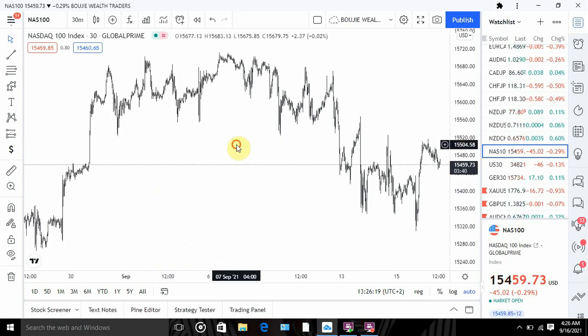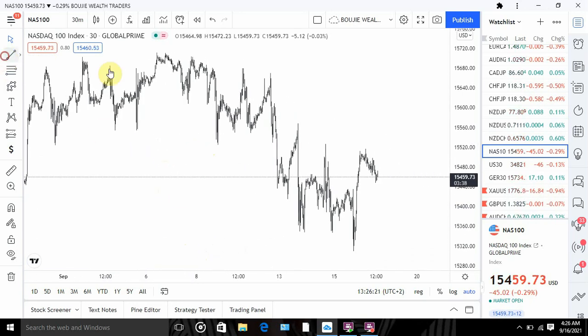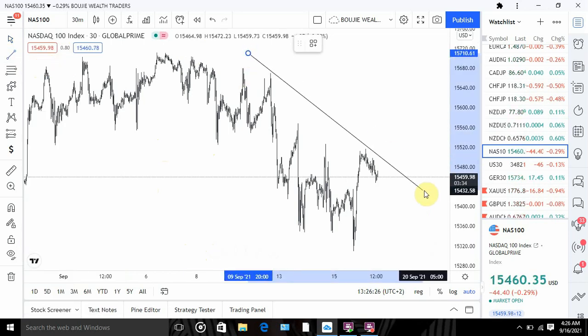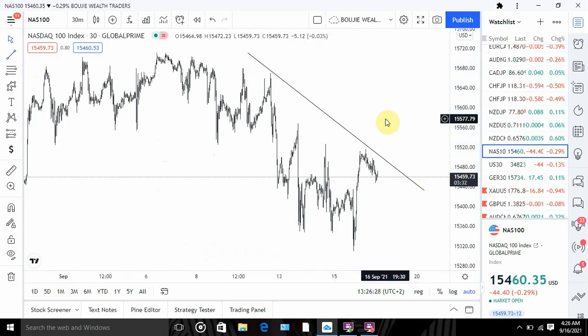As you can notice, this is a downtrend. What happens in a downtrend? We break the lows to take out the liquidity. But the overall trend is a downtrend.